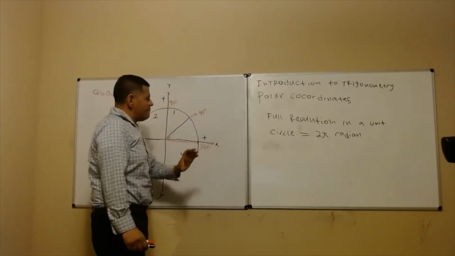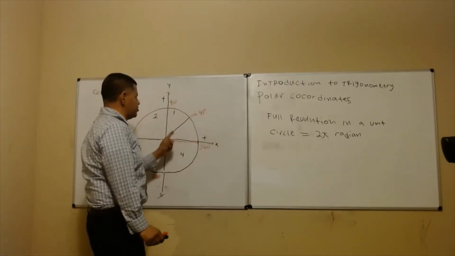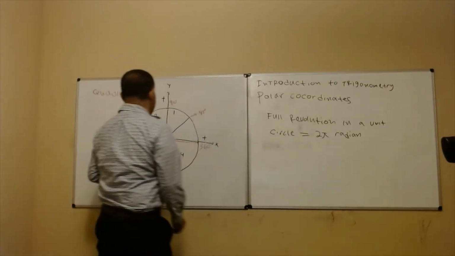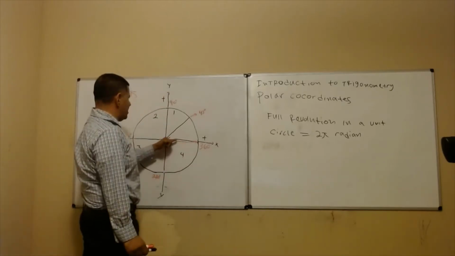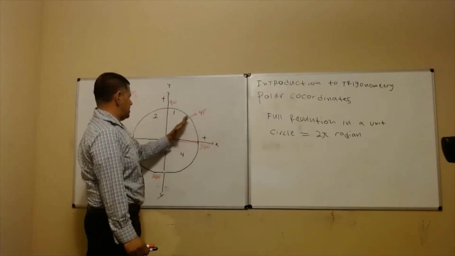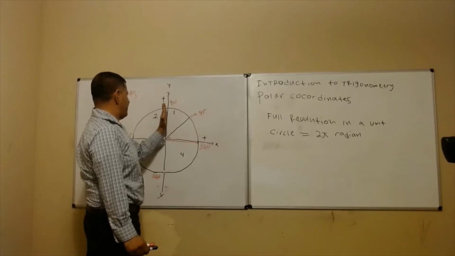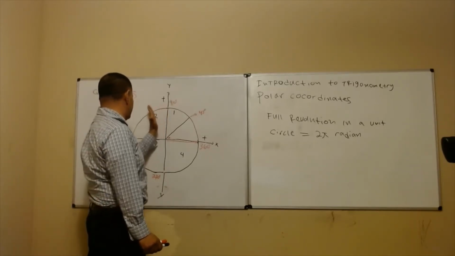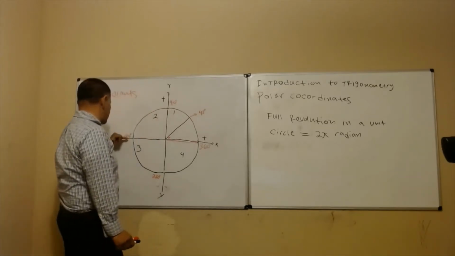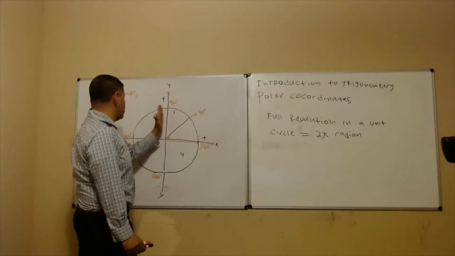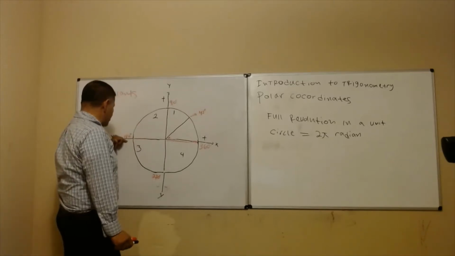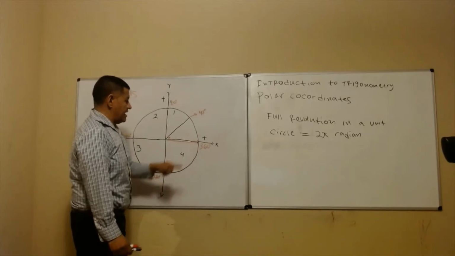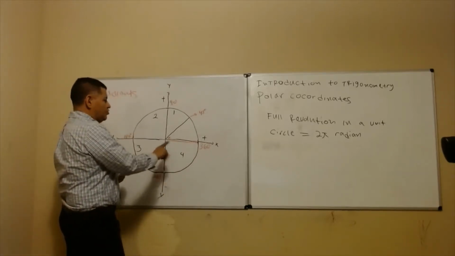Now, we say that one full revolution around the circle is 2 pi, right? So, okay, so here half pi is equal to 90 degrees, right? And then all over here, half pi is going to be 90 degrees, right? Pi is going to be here. And then when I get to here, a full revolution is 2 pi.